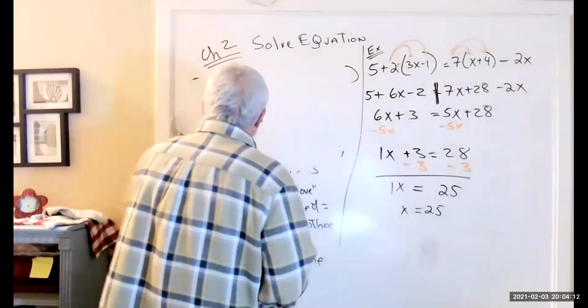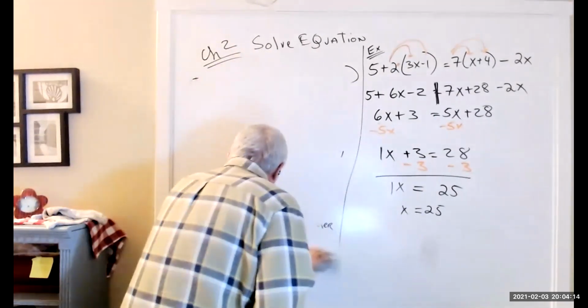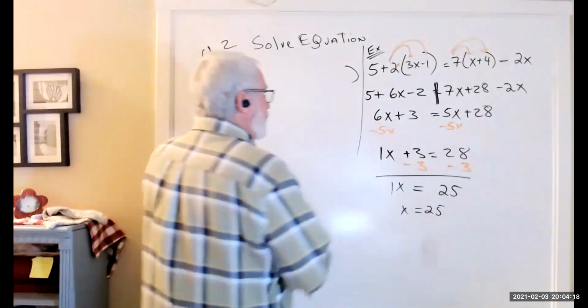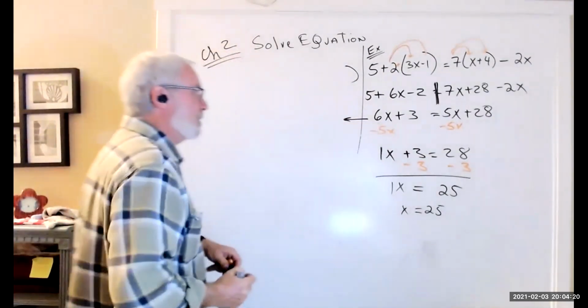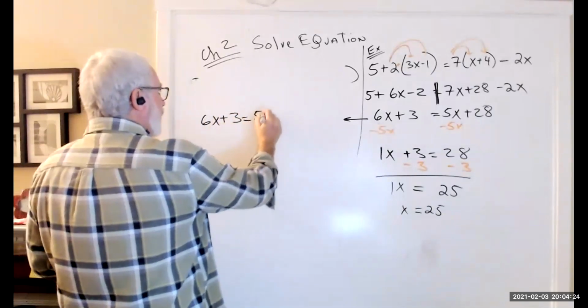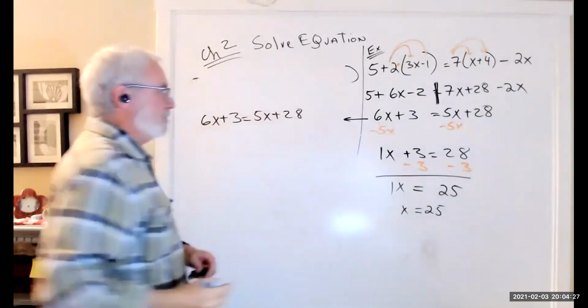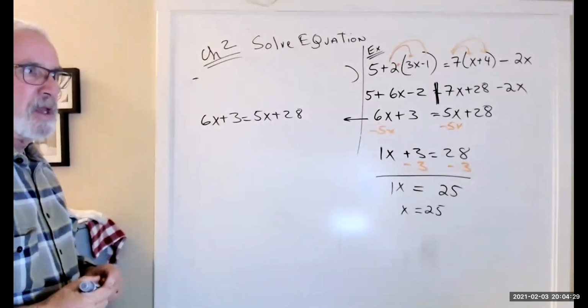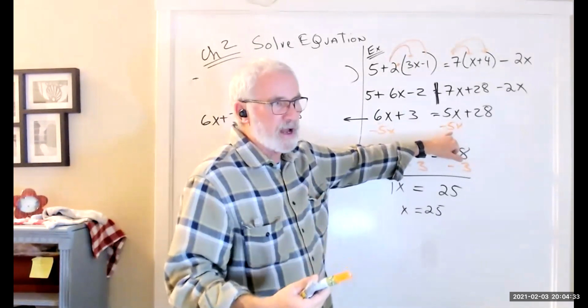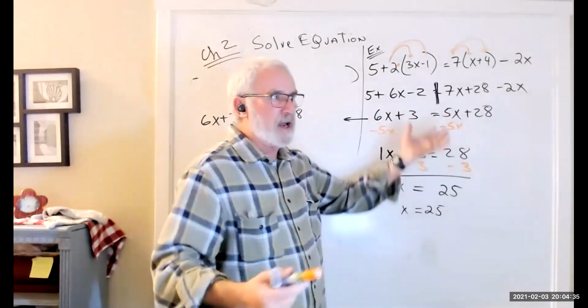So I'm going to do this problem, and I'm going to pick it up right from this step where we had 6x plus 3 equals 5x plus 28. Right there, same problem. But I decided to get rid of the 5x from both sides.